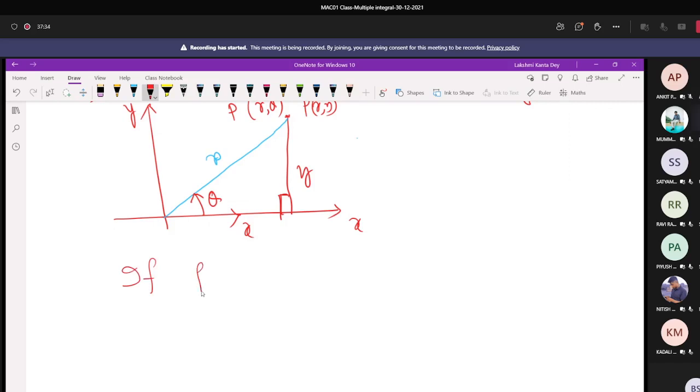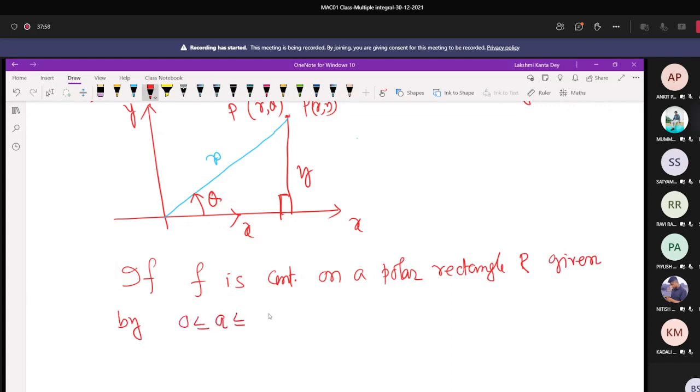If f is continuous on a polar rectangle R given by 0 less or equal to a less or equal to r less or equal to b, and alpha less or equal to theta less or equal to beta, where 0 less or equal to beta minus alpha less or equal to twice pi.